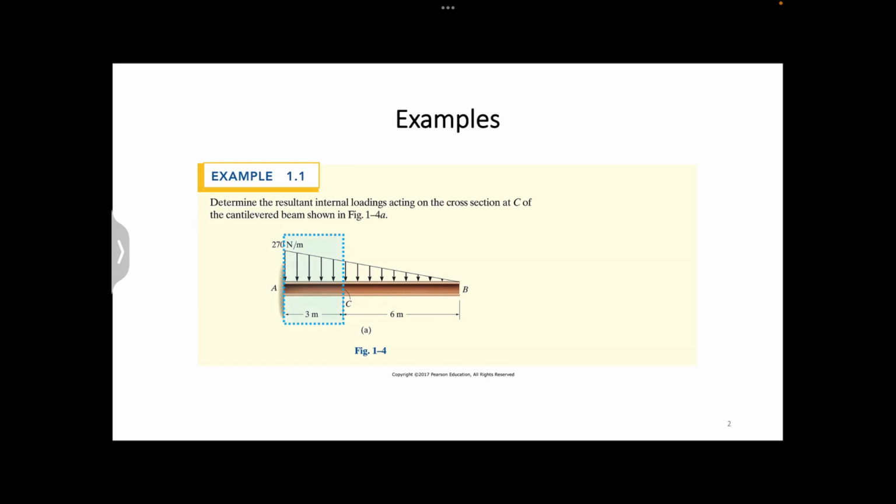Since there is a fixed support at A, to plot the free body diagram for such segment, we will have to replace that support by the support reaction. That means we will have to plot the free body diagram for the entire beam first, and then use the equilibrium equation to find those reactions.